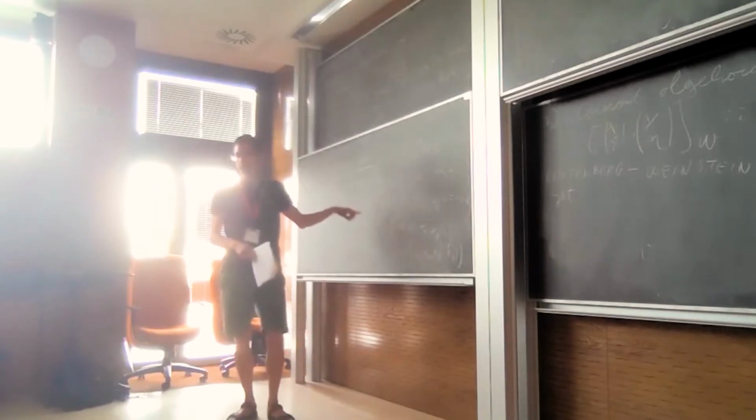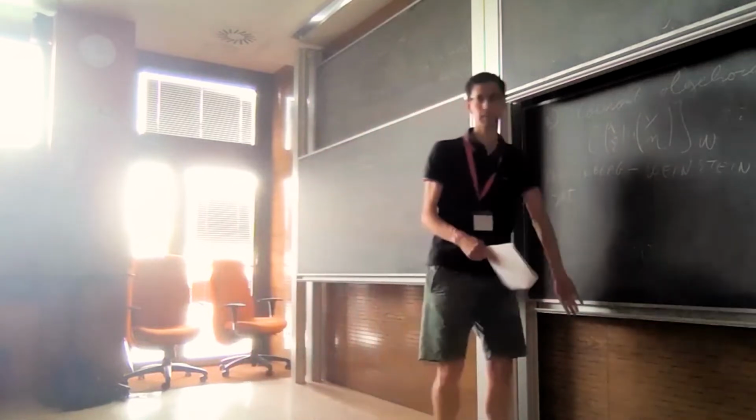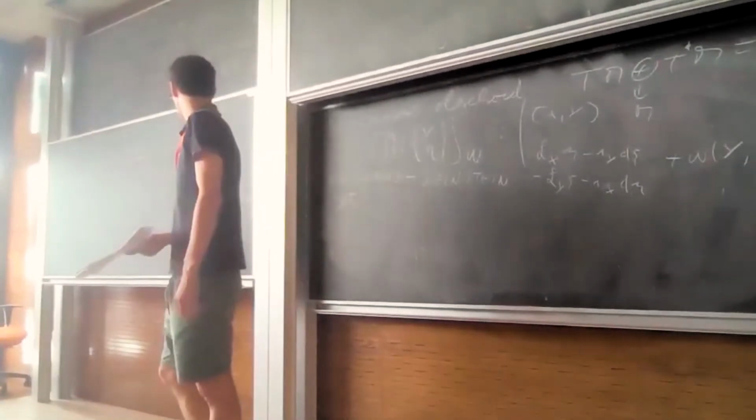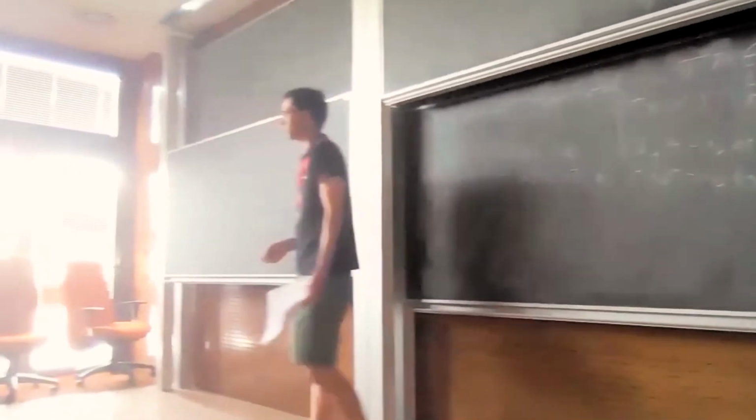So you lose skew symmetry, but the analog of the Jacobi identity is satisfied. All of this is work by Chris Rogers. Well, it would be, yeah, I guess it's a skew symmetrization.